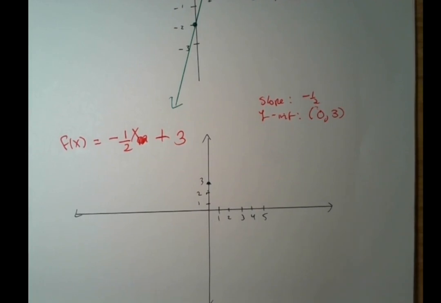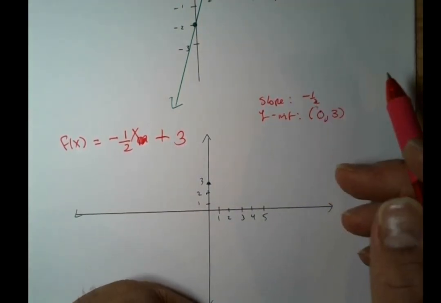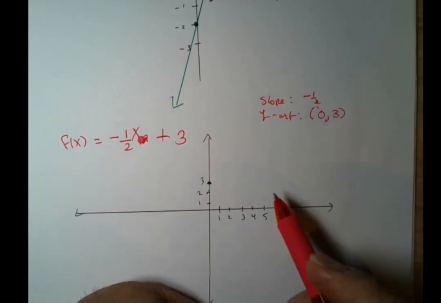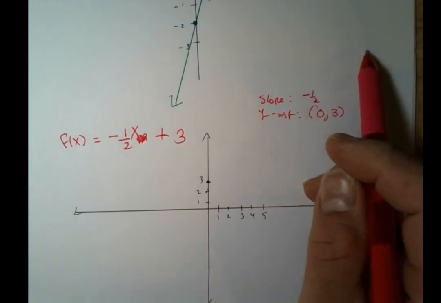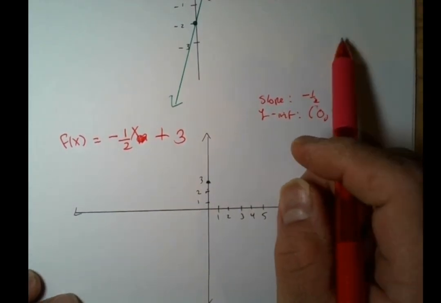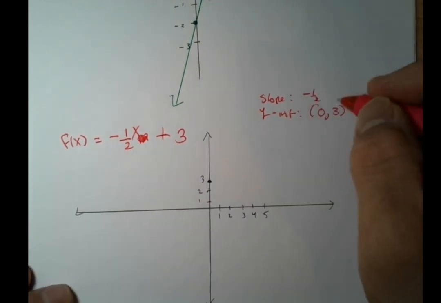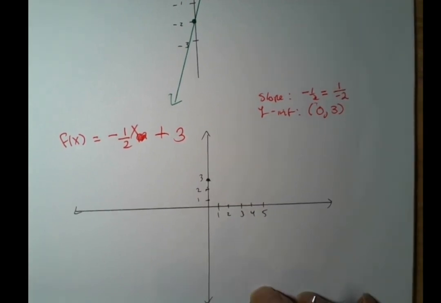Now my second point, the way I'm going to find that is I'm going to use the slope. The slope is sometimes called rise over run. Rise tells me how many units to go in the y direction, and the run tells me how many units to go in the x direction. Now I want you to be careful here. This I can also interpret as 1 over negative 2.